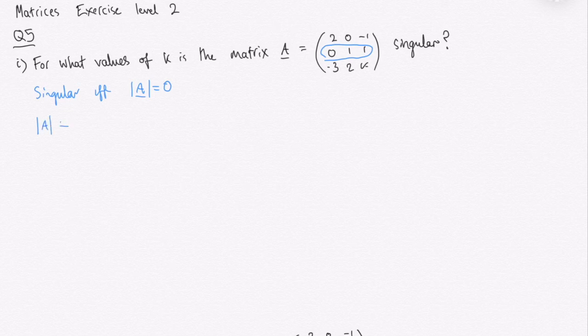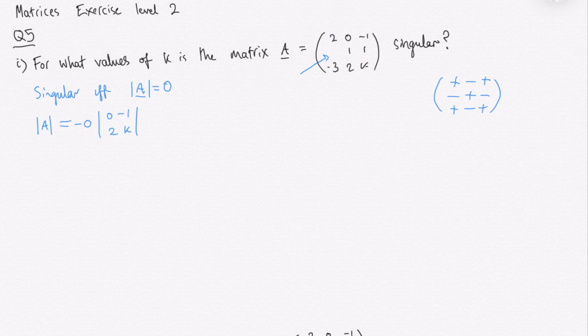Well, it is equal to this element here, 0, multiplied by the determinant of those remaining elements. But we need to be a little bit careful here because we remember our matrix of signs. This cofactor comes with a negative.